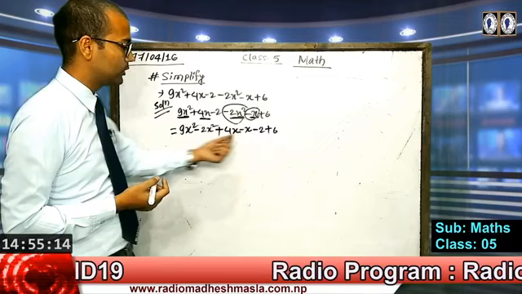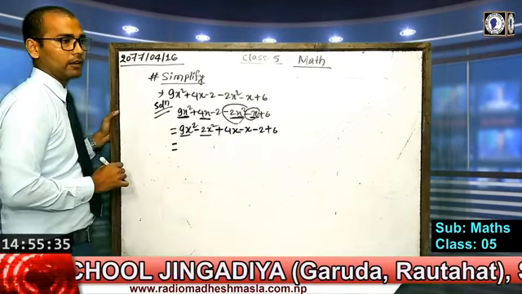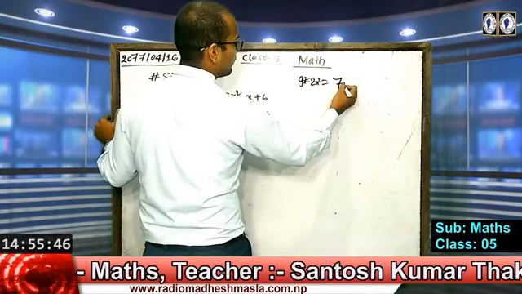So here 9x square minus 2x square means 9 minus 2 is equal to 7, and there is x square, so we also put x square. So here 7x square.